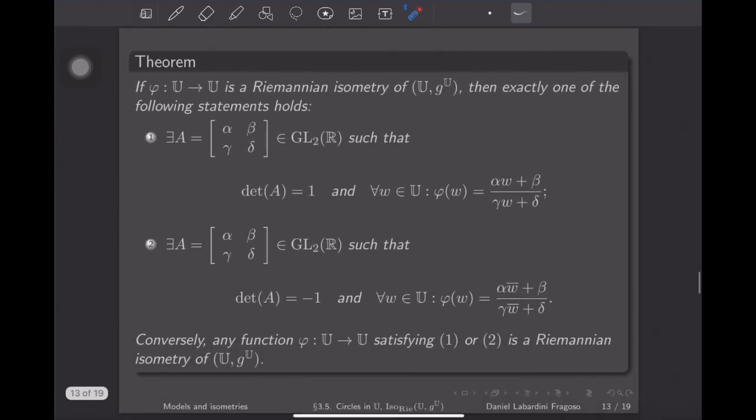And so the theorem that we just proved is that if you give me any Riemannian isometry, then we are in exactly one of two situations.